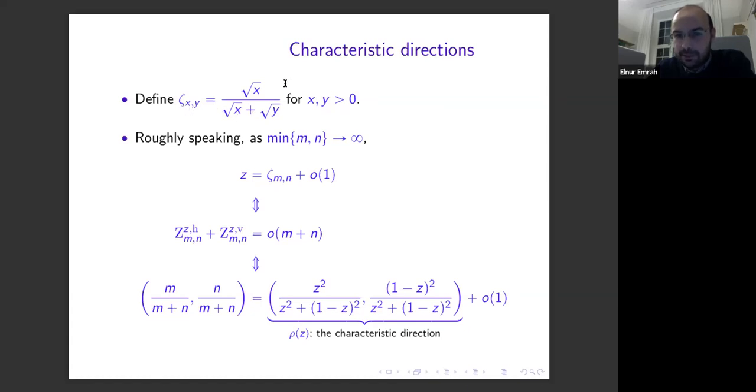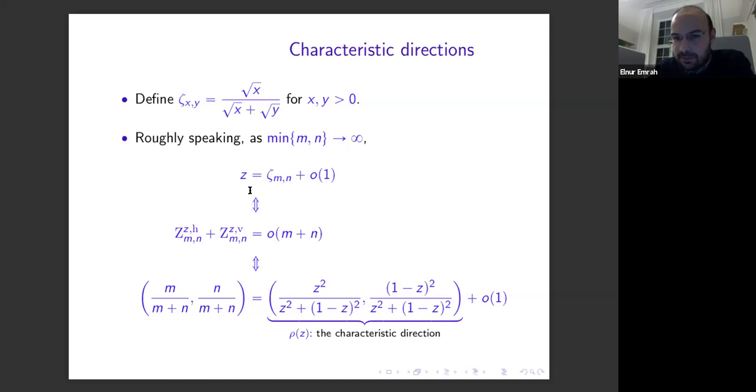So it turns out that one can actually describe the transition point precisely for this model. It's given by this function zeta here. If Z is less than zeta, it turns out the geodesic prefers going right. If Z is much bigger than zeta, then it prefers going up. So when Z is in the vicinity of zeta, both of the exit points are small relative to the sizes of the rectangle.